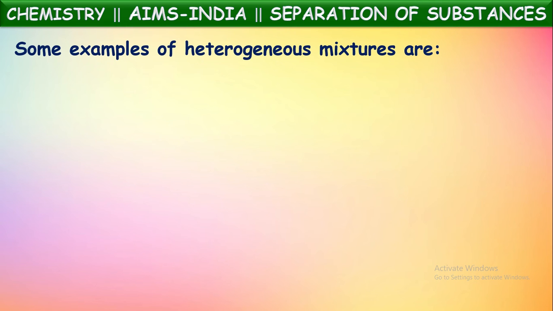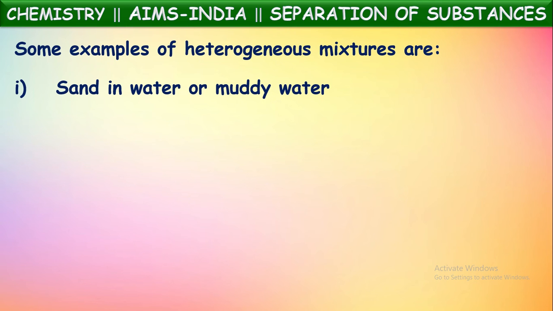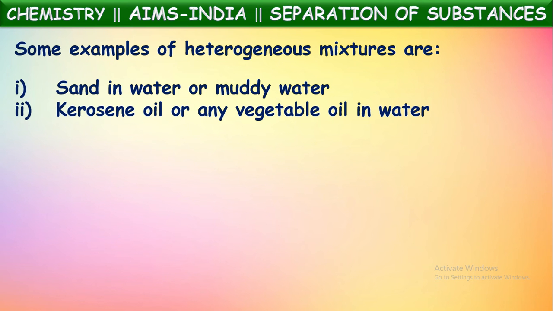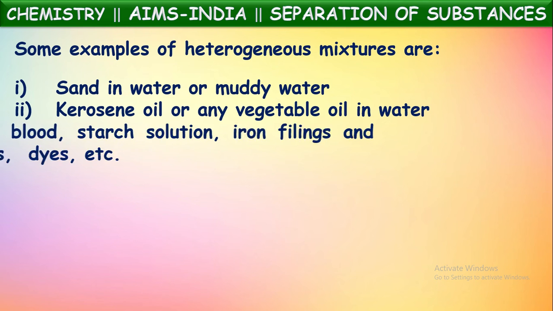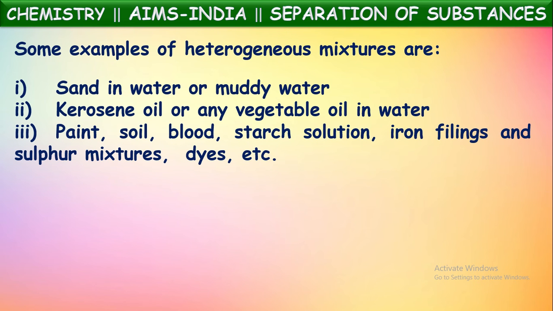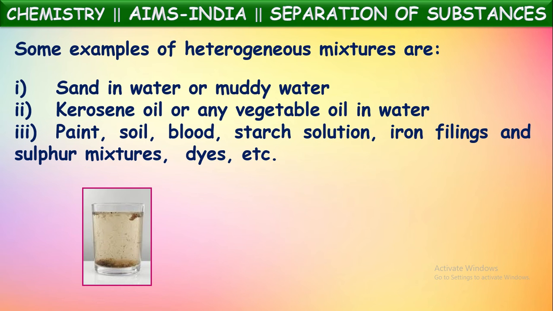Let us see some examples of these heterogeneous mixtures. Sand in water or muddy water, kerosene oil or any other vegetable oil in water, and paints, soil, and so on come under heterogeneous mixtures. Because if you see the first one, sand in water, we can see the sand particles clearly through the water.